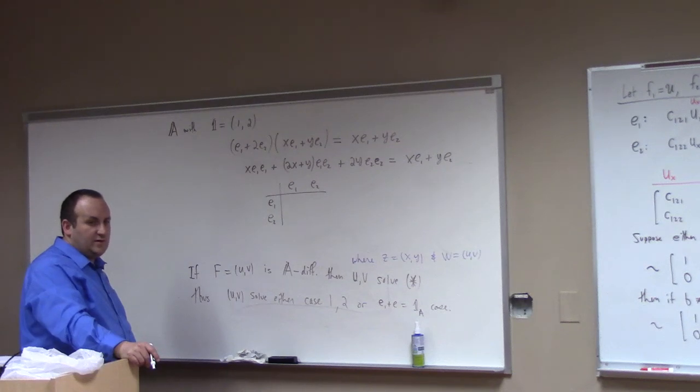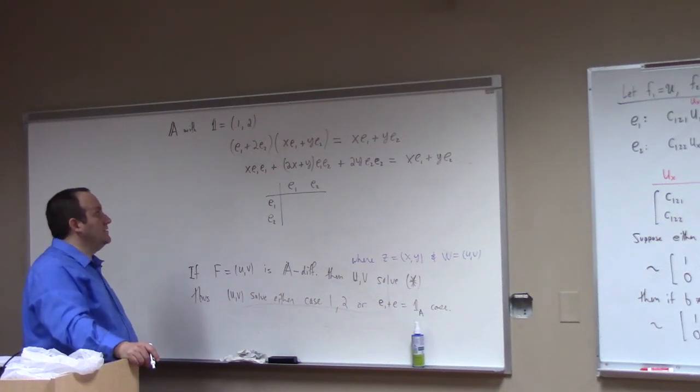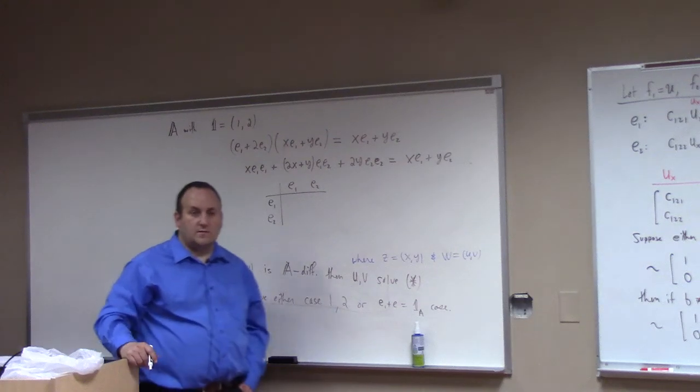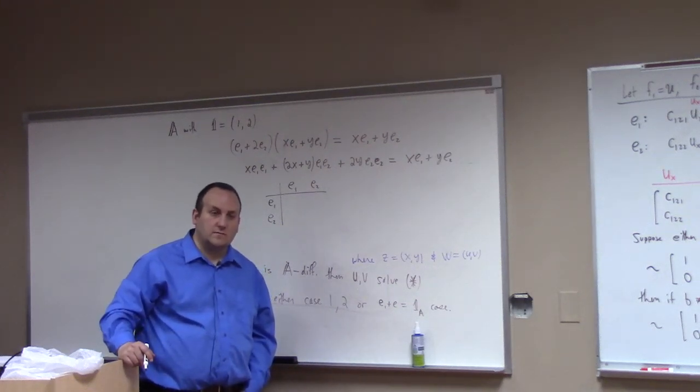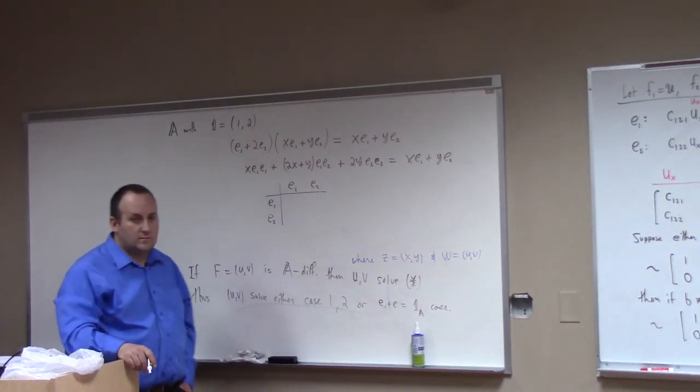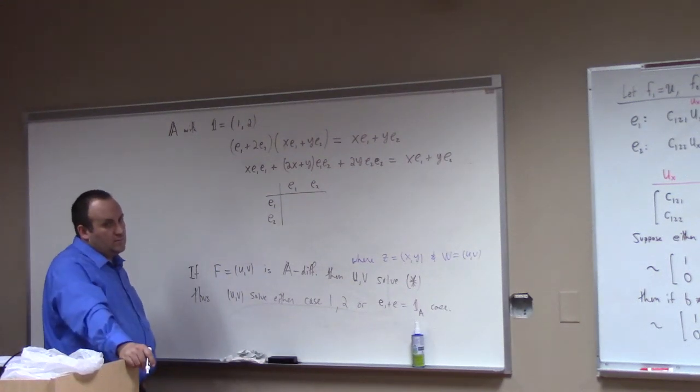I feel like the laziest thing we could do would be to think of the multiplication between x, y and a, b as component-wise multiplication.